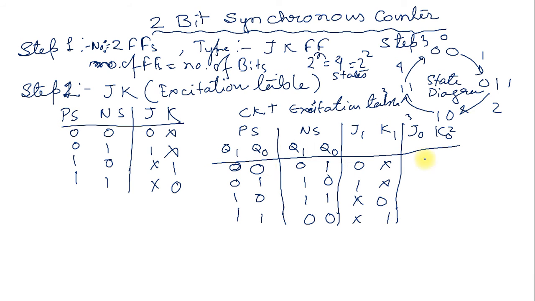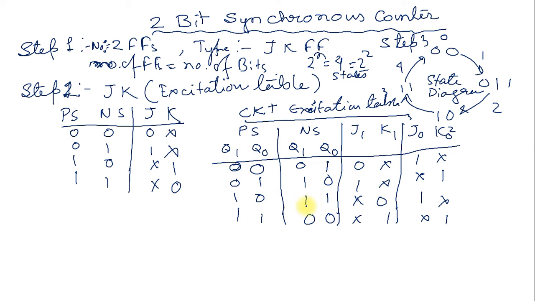Again 0 1, that is 1, don't care. Again 1 0, it is don't care, 1. Next state 0 1, it is 1, don't care. Then 1 0, it is don't care, 1. So I have got the circuit excitation table of the circuit that I am going to design.